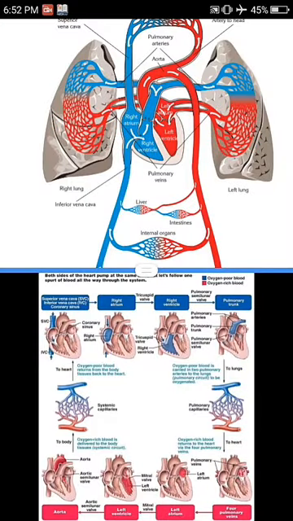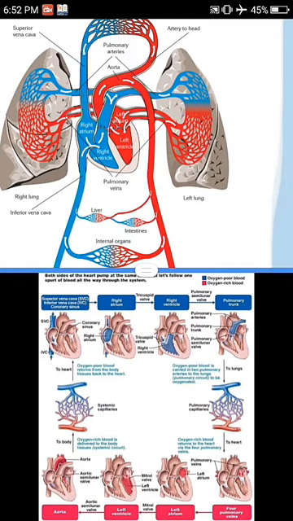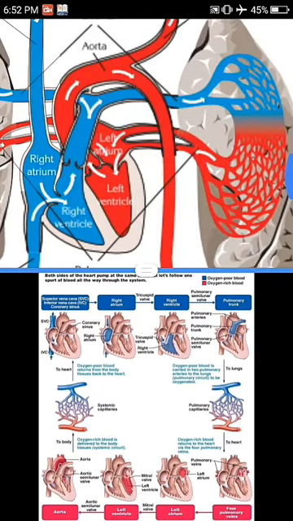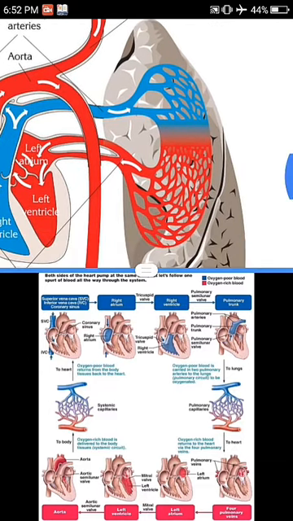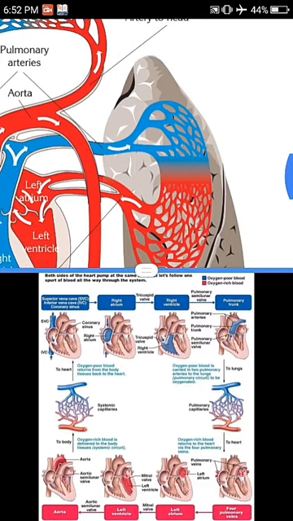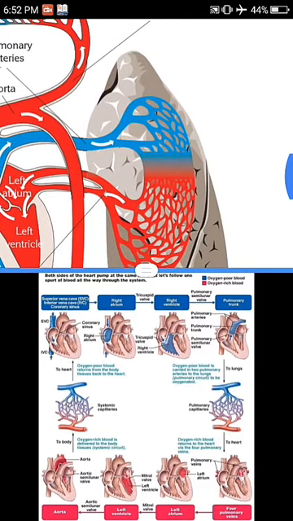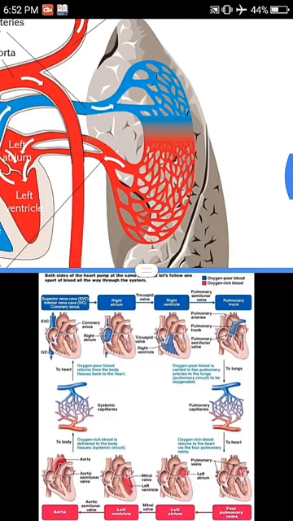When the blood comes by the pulmonary arteries into the lungs, this blood is filled with oxygen, indicated by the red color.